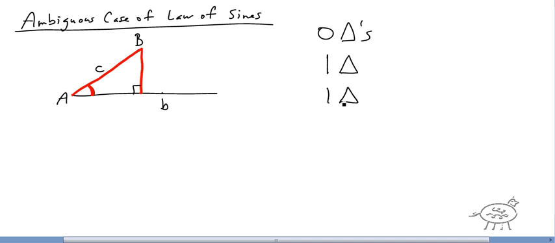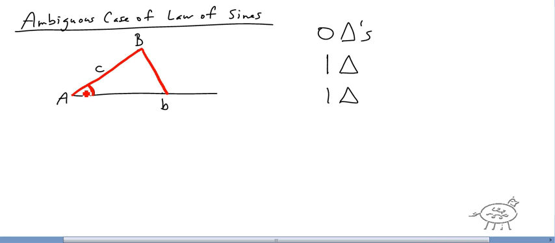Now this is where it's an ambiguous case, because I don't know how many triangles I have. So here's my last scenario. Here's the length of my side, and again, that's a fixed length. Okay, I have one triangle.